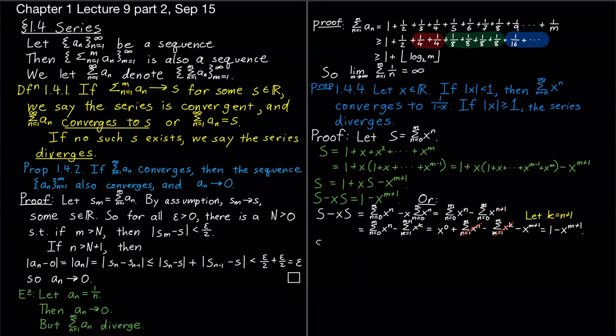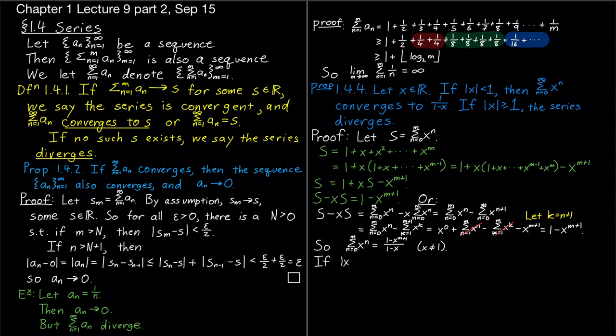So in either case, the sum from n equals 0 to m of x to the n is 1 minus x to the m plus 1 over 1 minus x, provided x is not equal to 1, so we're not dividing by 0.